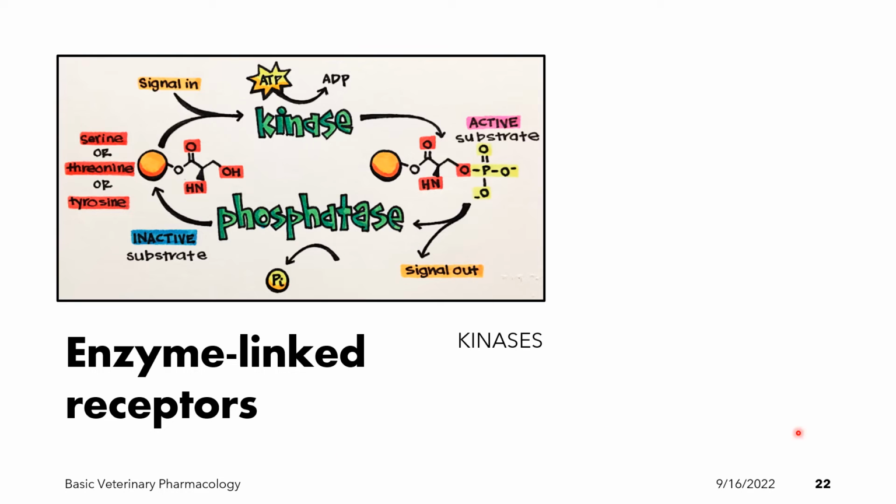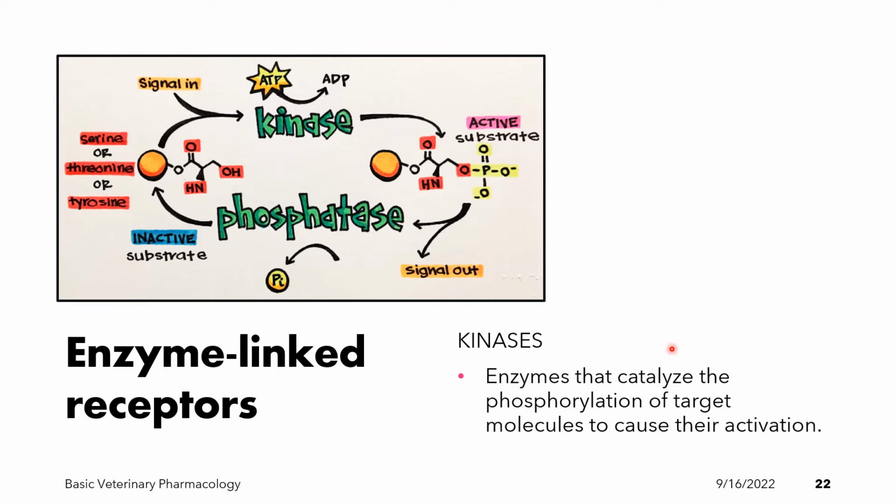So for the enzyme link receptor, the enzymes that are usually associated with this type of receptor are the kinases. Kinases are enzymes that catalyze the phosphorylation of the target molecules to cause their activation. Phosphorylate means to add a phosphate group to a molecule, a protein, or other kinase.